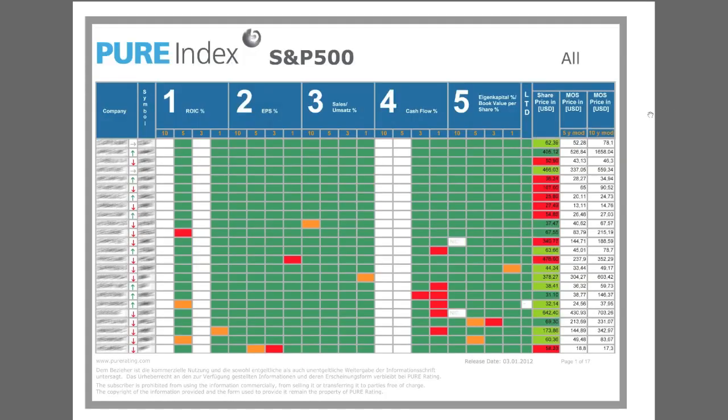So, less optimal. Now we see in the next column today's market price, where the stock trades in the market, followed by the so-called margin of safety price for 5 years and for 10 years. These are the 5-year projected price and 10-year projected price going forward.